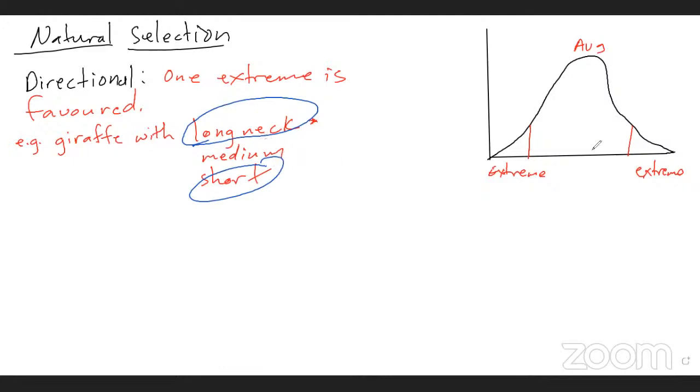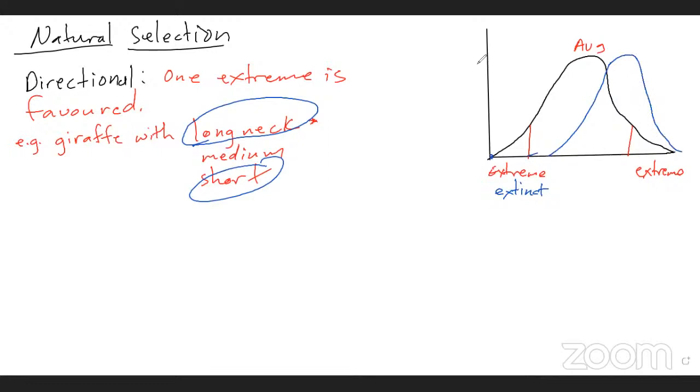So that means what will happen to this curve? It will bend over, shifting to favor the long neck, which means that it now will start out here. Because this extreme has now become extinct, it would start from about here, and the new peak will be at a higher point.